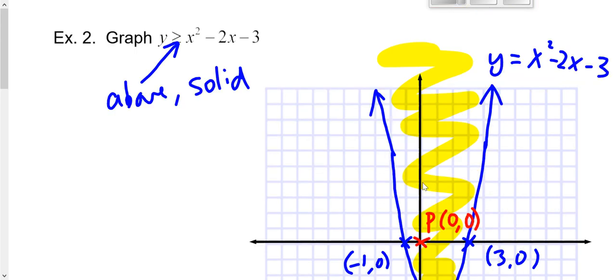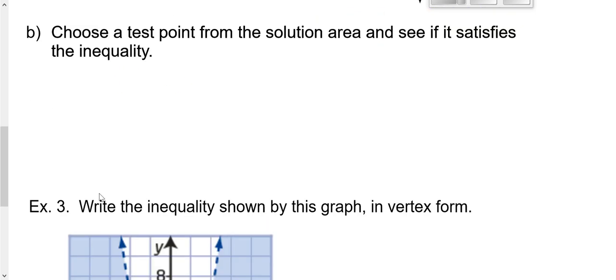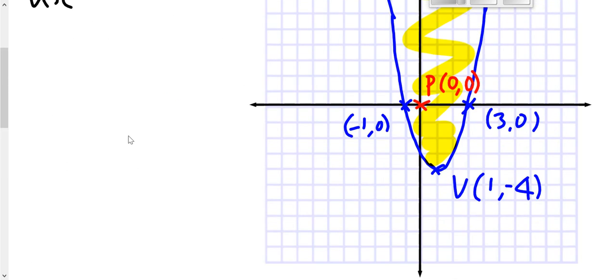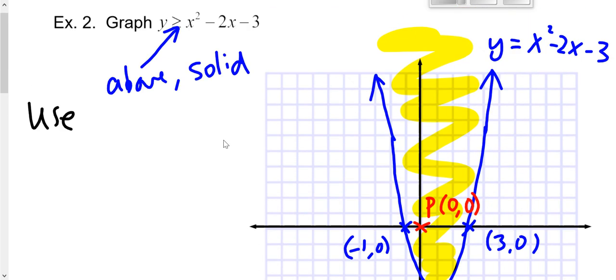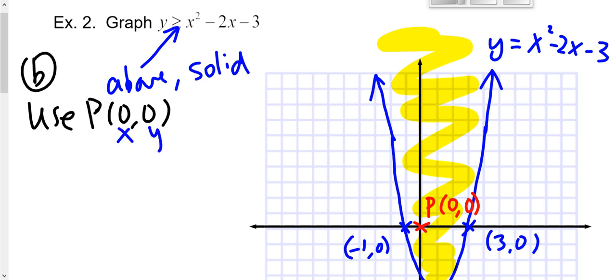So now let's do this. I don't want to scroll up and down all the time, so the answer for part B is here. So for part B, use point 0, 0, and that's x and that's y.